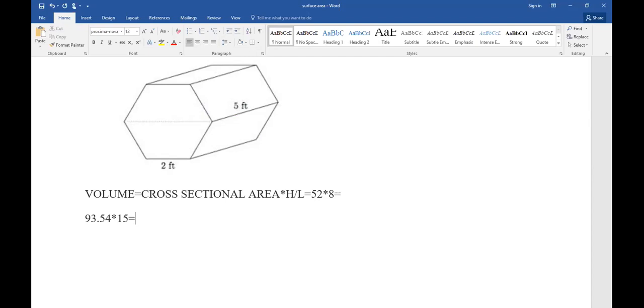So, ladies and gentlemen, that is how you can find the volume and the surface area of a solid called a prism. We have said a prism is given its name from the shape of one edge, which is called the cross section. We have seen a triangular prism, and we have solved a hexagonal prism and a pentagonal prism.